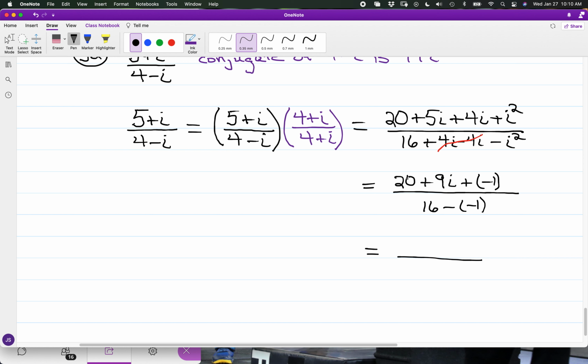And with the numbers, 20 plus negative 1 is 19, plus 9i, and 16 minus negative 1 becomes 17. And just splitting up, there's no radical reduction needed. And so we have 19 17ths plus 9 17ths of i.